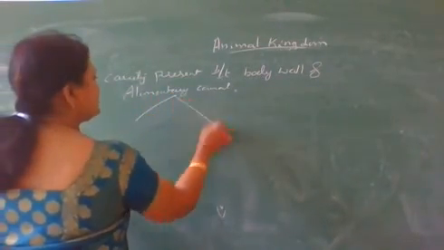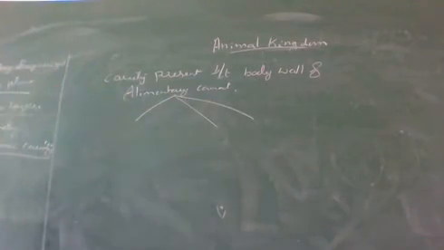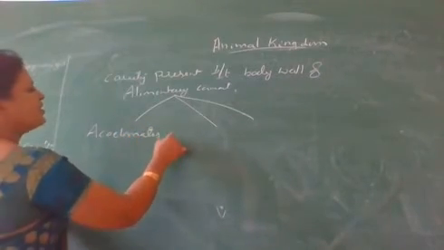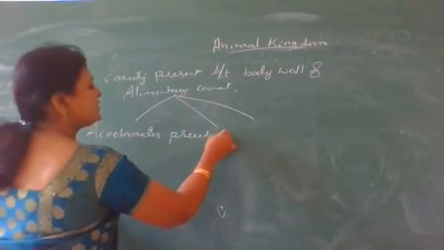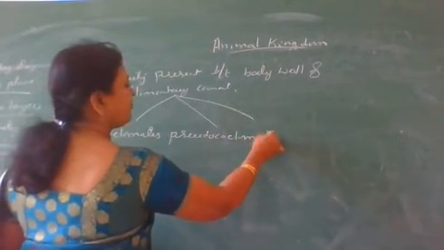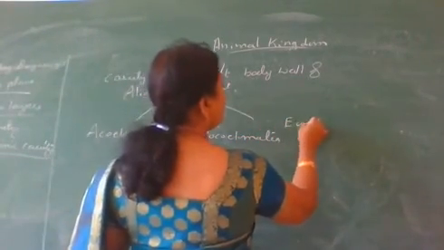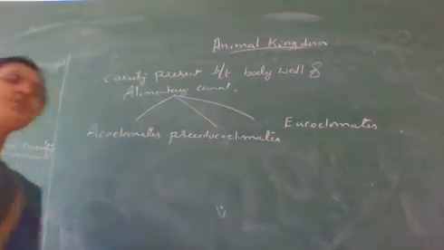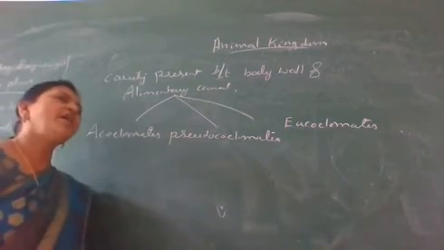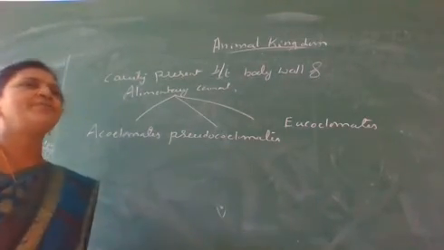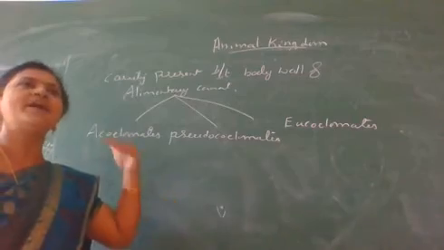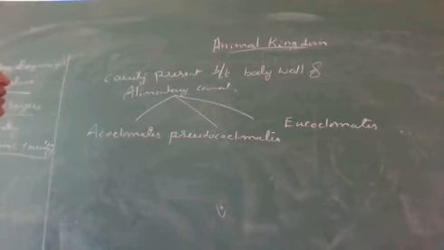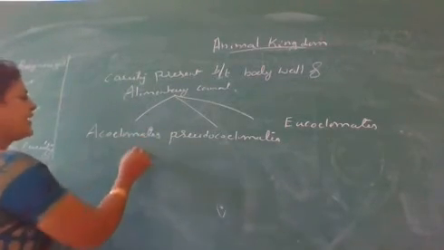Now, based on this, there are three groups of animals: acoelomates, pseudocoelomates, and eucoelomates. So, based on the coelomic cavity, we can classify animals into these three groups. What are acoelomates?